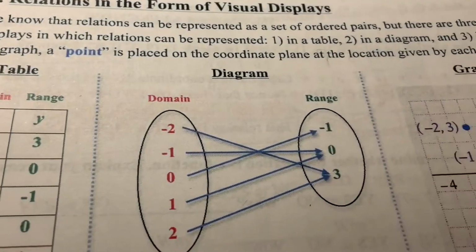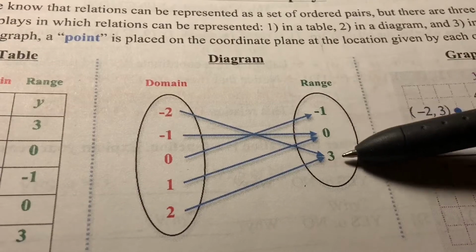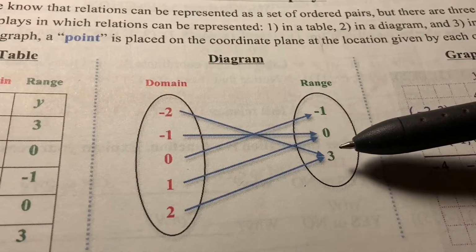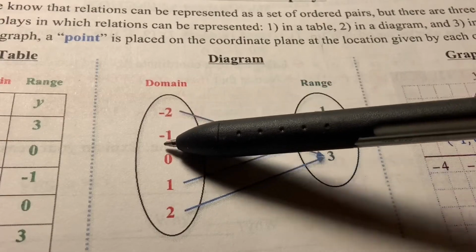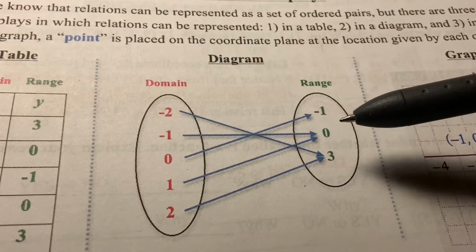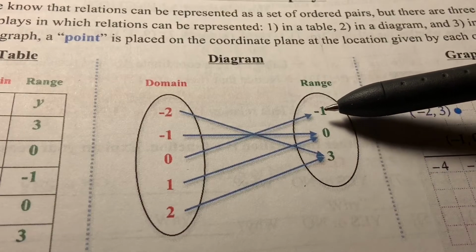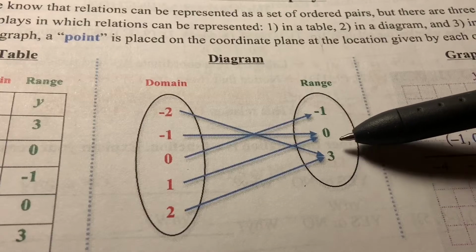But in a diagram, I do not show repeating numbers in the range or the domain. Okay, so the domain, I listed all of the numbers here because none of them repeat.